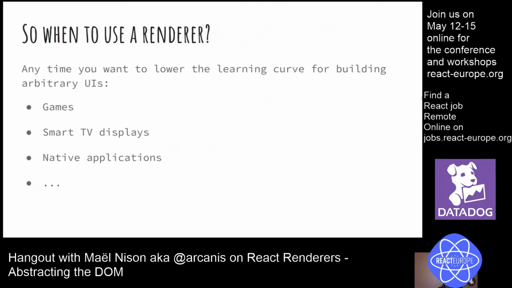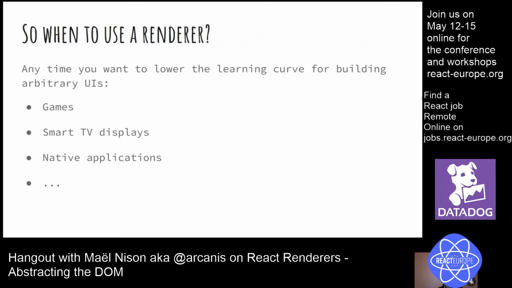So when do you actually want to use a renderer? You will want to use a custom React renderer anytime you want to lower the learning curve for building arbitrary UIs. We've seen in games, for example, Battlefield 1, which implements a lot of their UIs using React. But even smart TV displays are actually using React, and native applications are also using React.